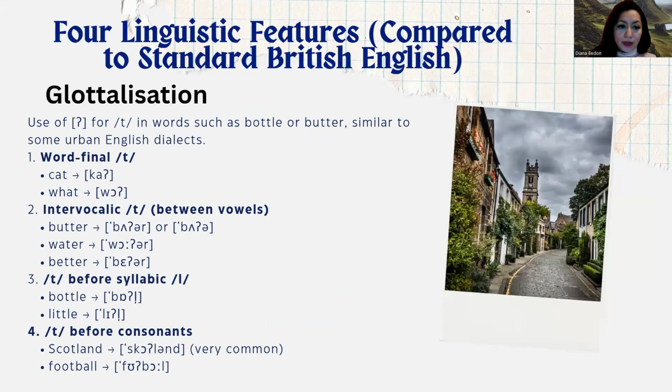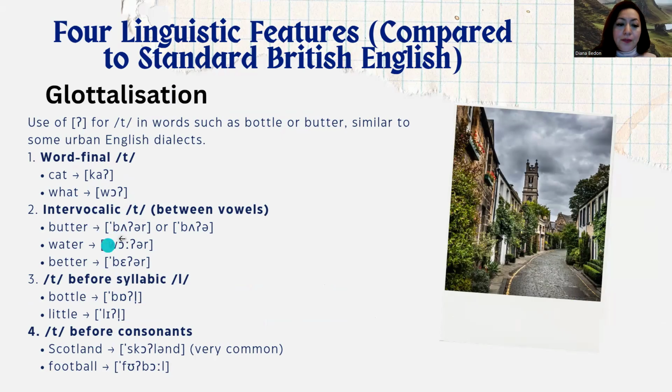Glottalization: the use of the glottal stop for T in words such as bottle or butter, similar to some urban English dialects. For example, the word-final T: instead of saying cat, there is a glottal stop. What. Intervocalic T, between vowels: butter.